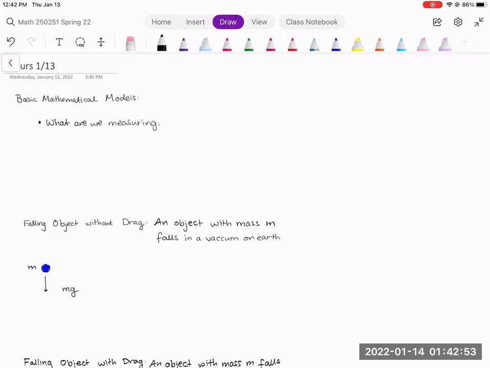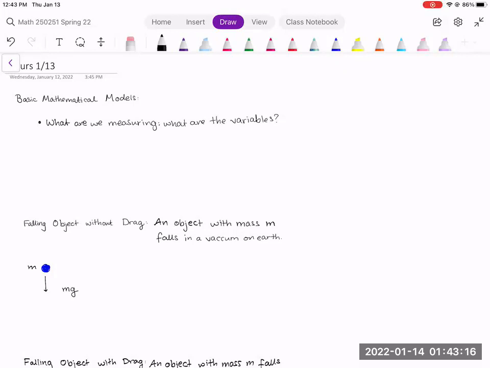What are the variables? And how do they depend on each other? So for instance, are we looking at how things change over time? Well, then we'll be taking a derivative with respect to time.